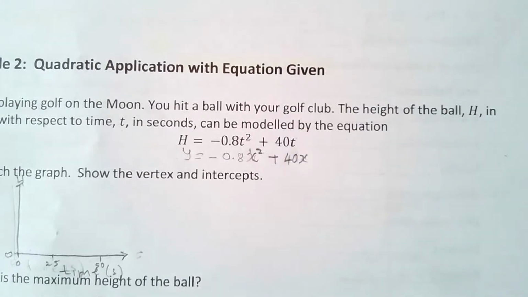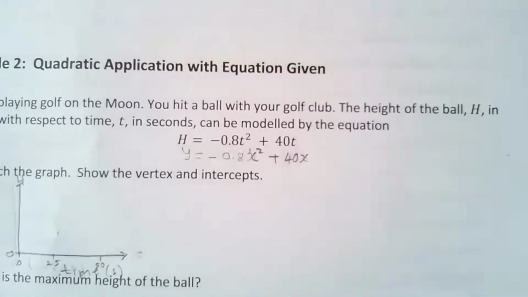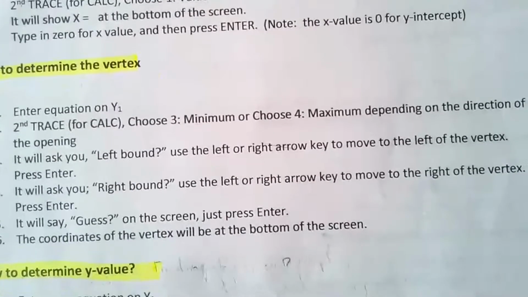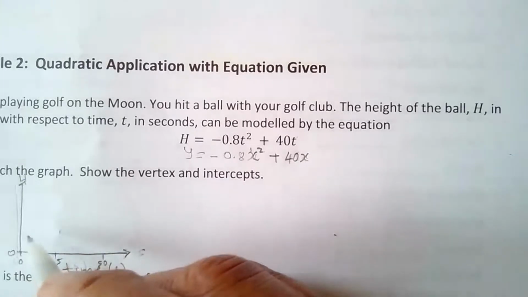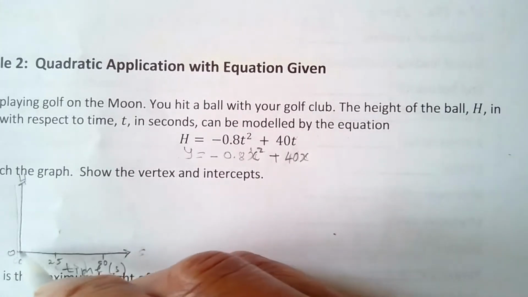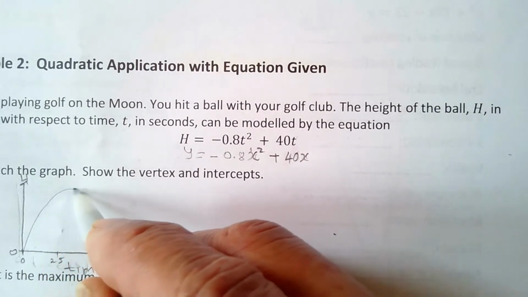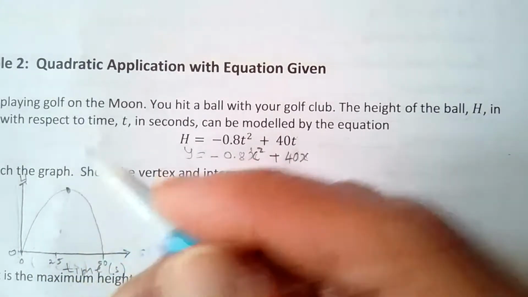Now to find the vertex, you can go back to your instructions in your handout here. So we need to find our vertex. We know our graph, right, roughly goes up like this and comes down. We want to find this point here.